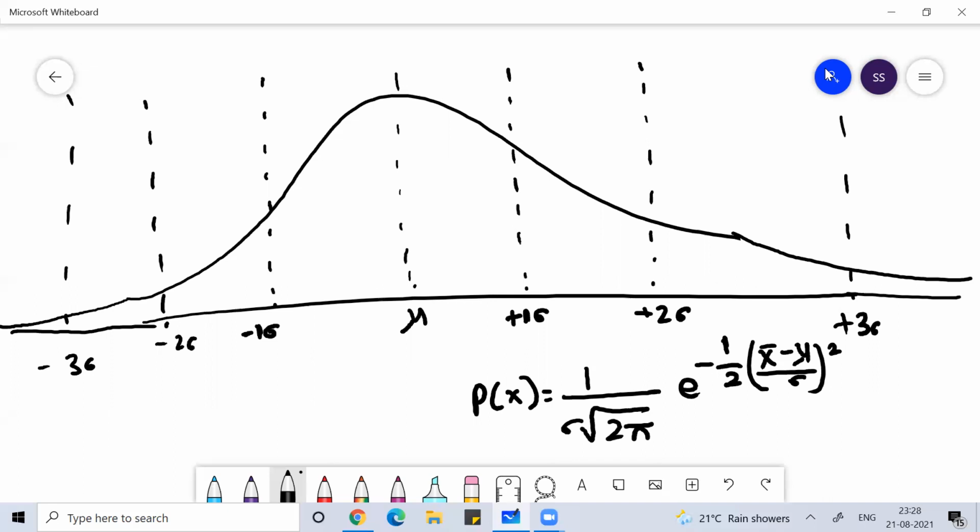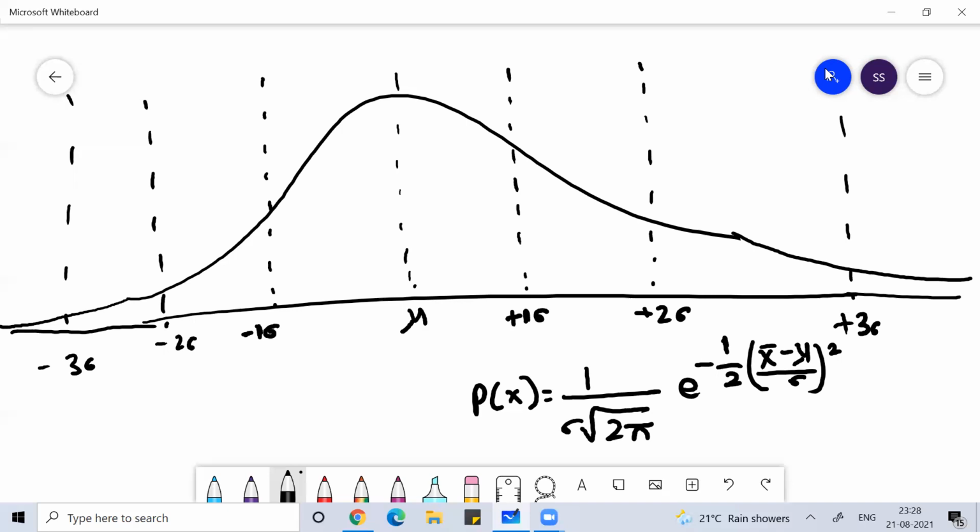Otherwise, others can simply be aware that there is some formula for the probability distribution curve. Many mathematicians, such as De Moivre and Gauss, contributed a lot to understanding this bell-shaped curve, which we call the normal distribution curve.